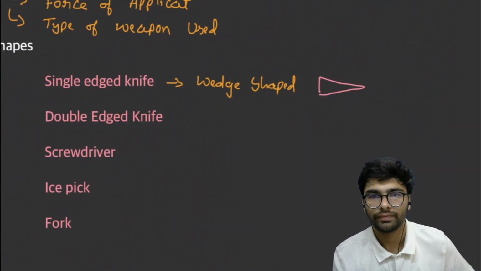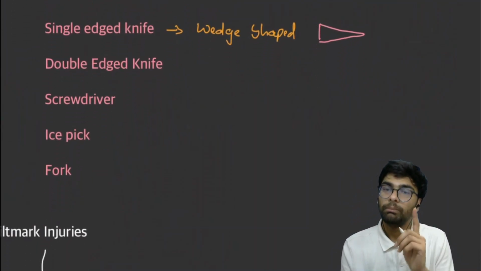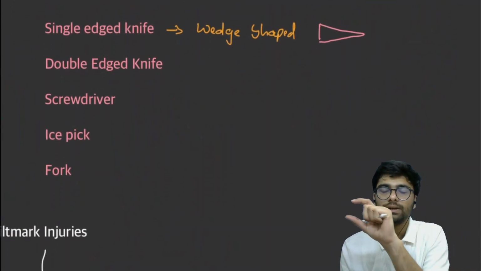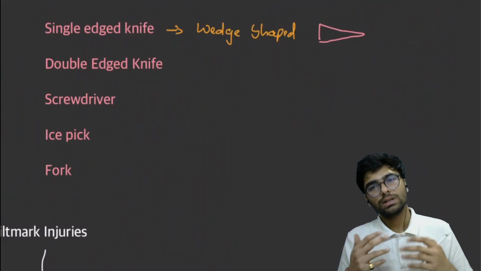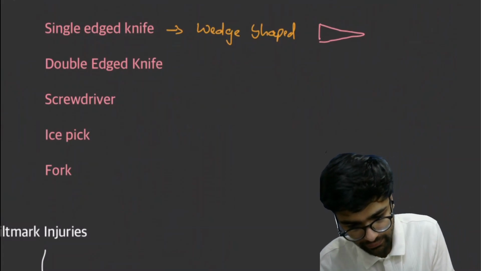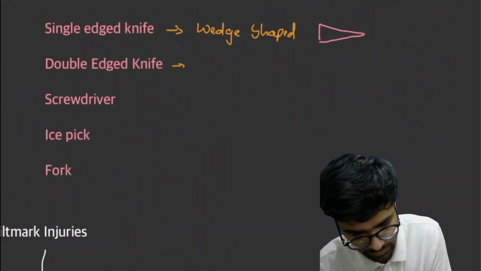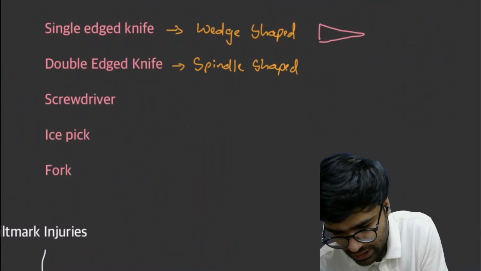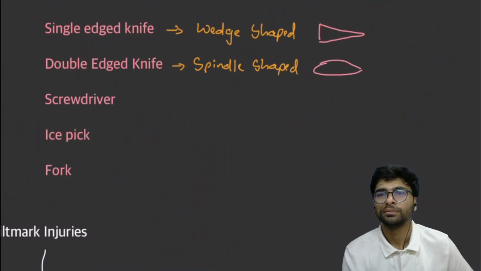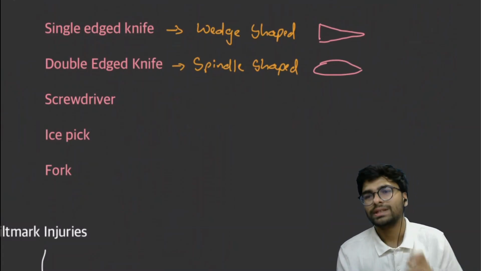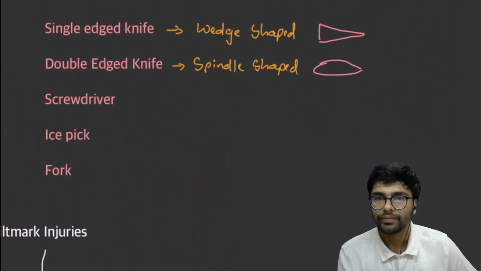Double-edged knife means both sides of the knife are sharp. So that will have a spindle shape. Spindle shaped is like this. This type of injury will be seen on the skin.